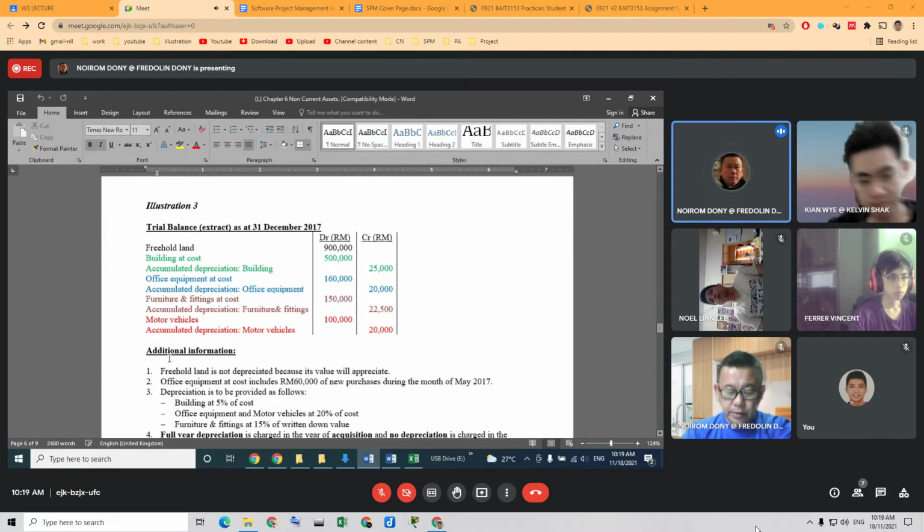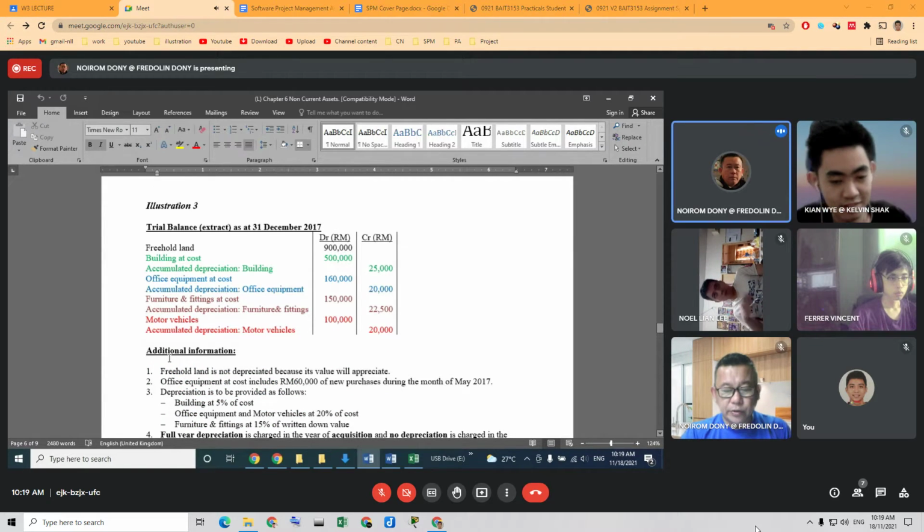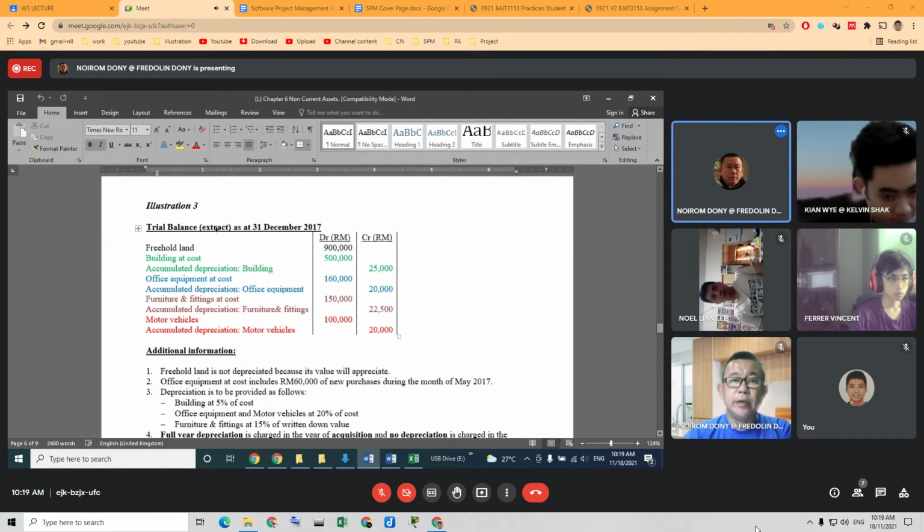Okay, so we have the illustration here. Let's go through it one by one. We have a trial balance. This is the question: trial balance extract as at 31st of December. It will not balance because this is only an extract.